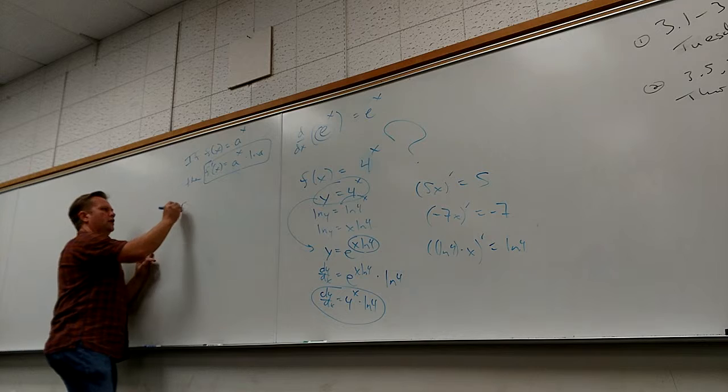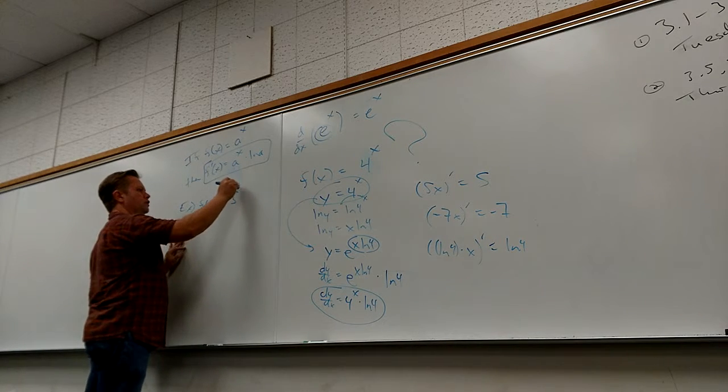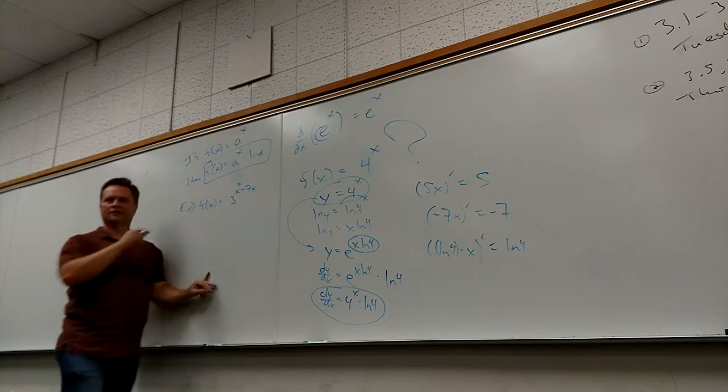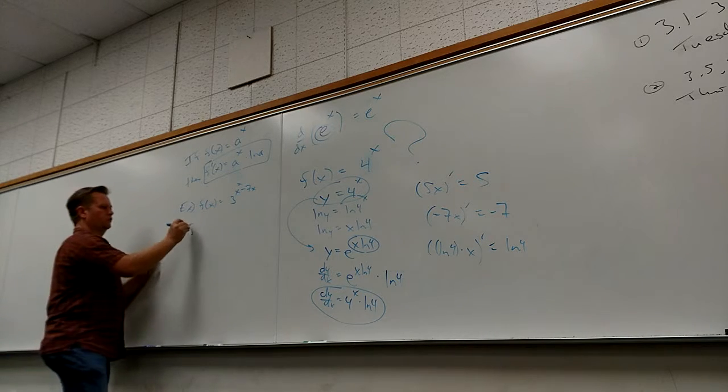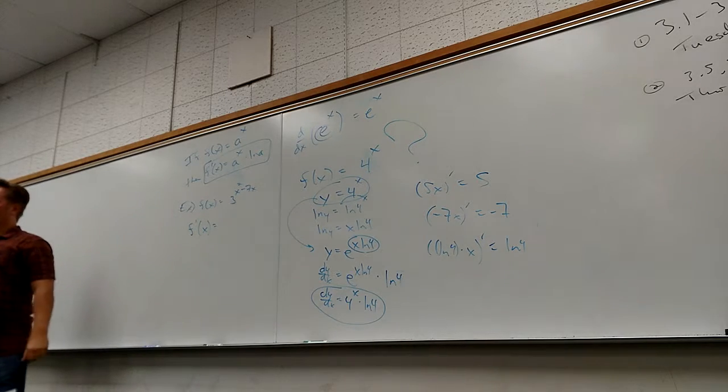So real quick, what if f of x equals 3 to the x squared minus 7x? What's that guy's derivative? What rule is this going to use?